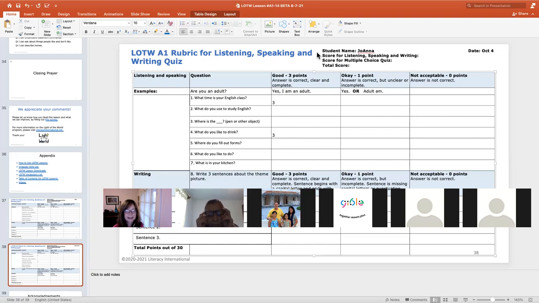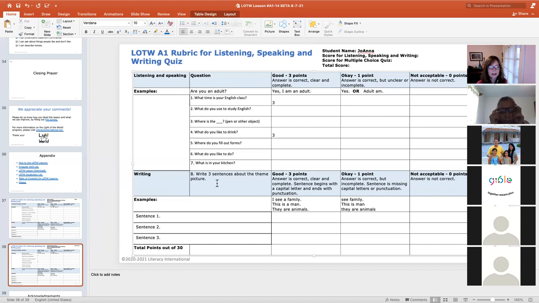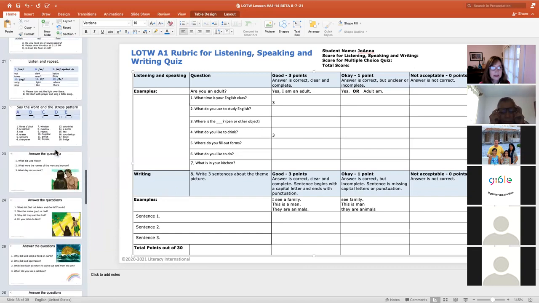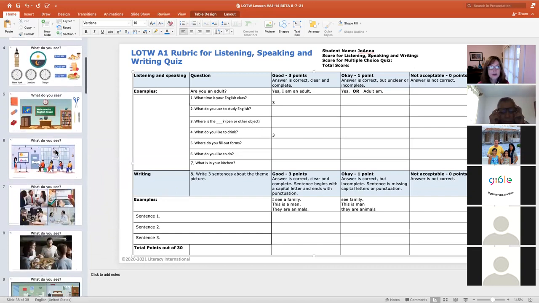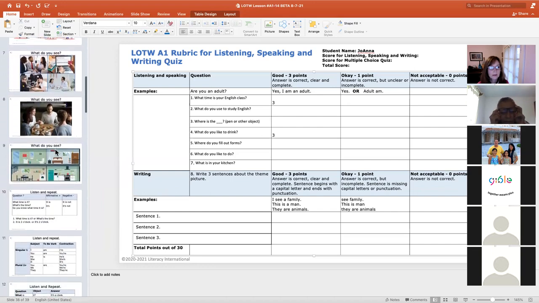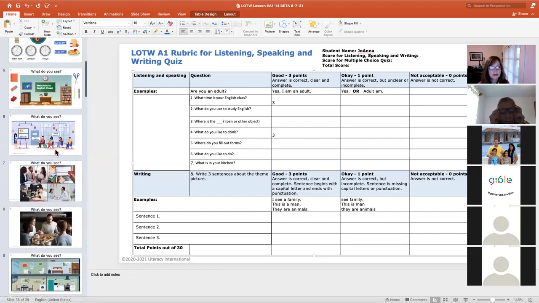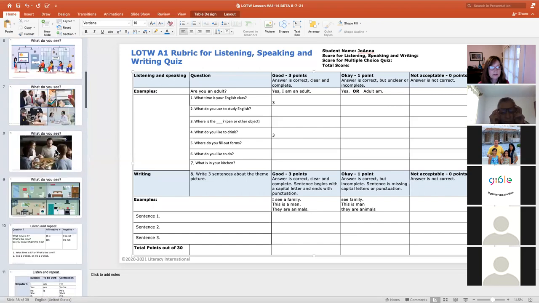Now the next thing we do, part 8, is write sentences about the theme picture. So we're going to show one of the theme pictures from the beginning of the lesson. We had 6 of them, so you can pick whichever one you think would be good for your students to do.